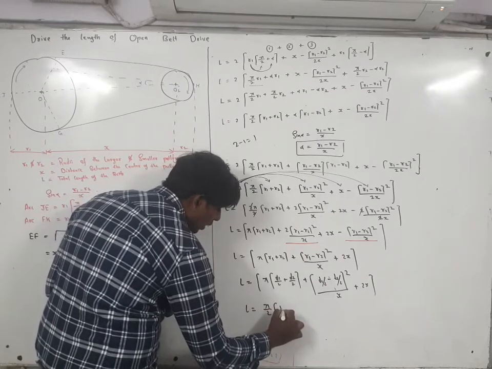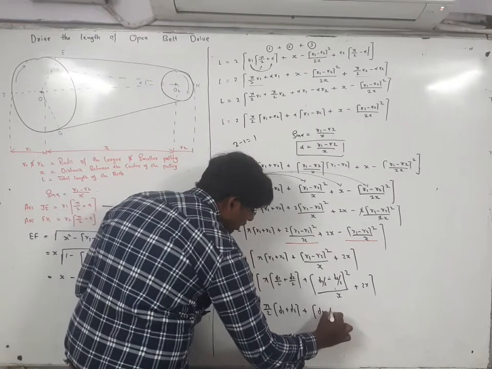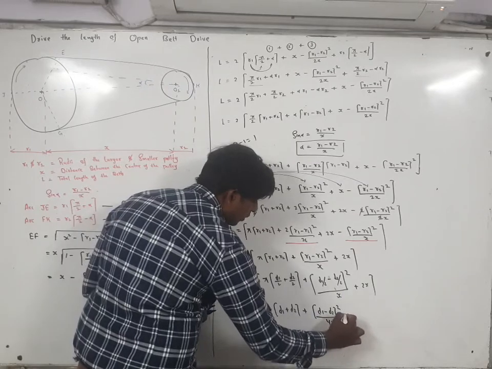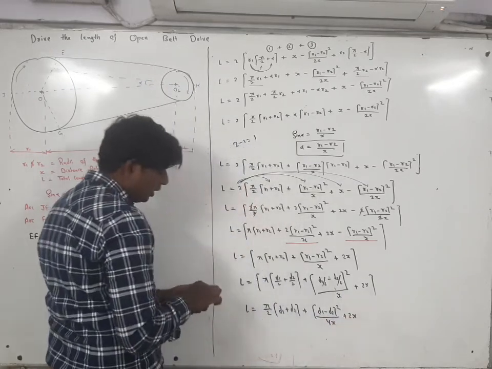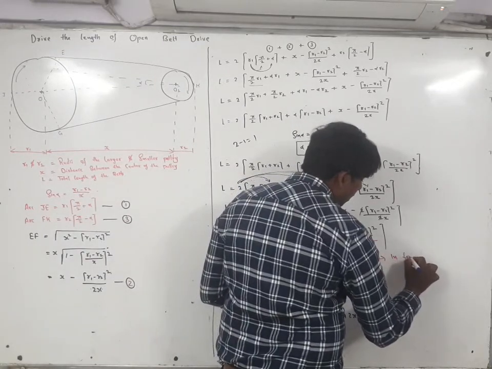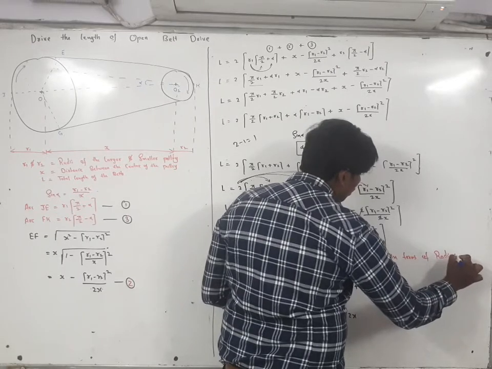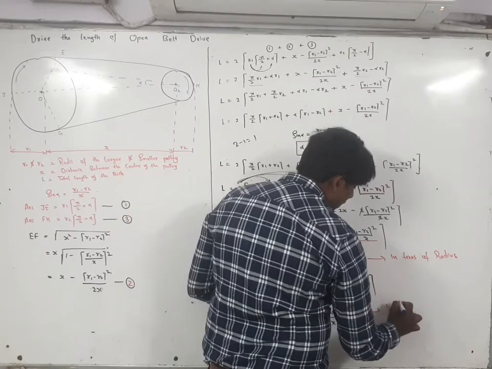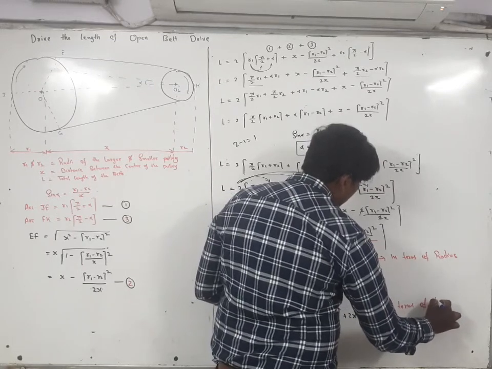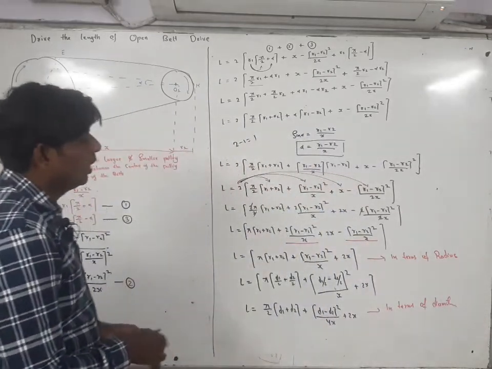Here you can write (D1 plus D2) plus (D1 minus D2) whole square by 4x, plus 2x. Now this one is in terms of radius, and this one in terms of diameter, for length of the open belt drive and length of the cross belt drive.